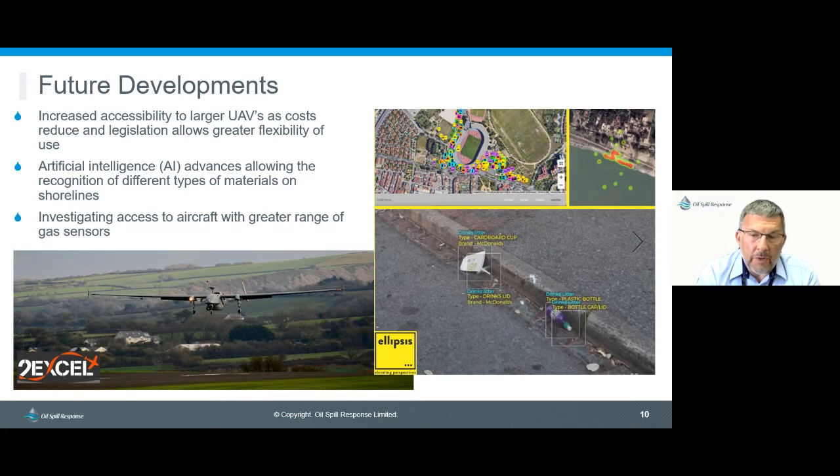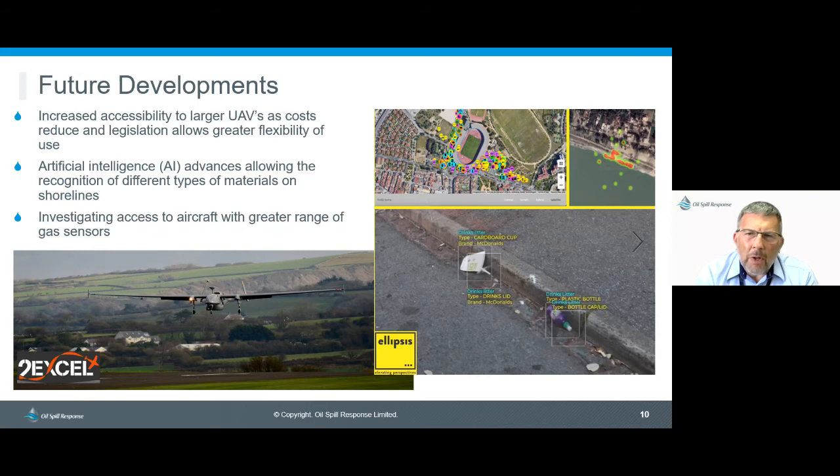You can use obviously the photography, the video, the UV data and the IR data, which is very useful. But it goes to make up a bigger picture, and the opinion of the trained observer tends to shape all that information into a fairly accurate picture of the spill, its appearance, its volume, and its trajectory.